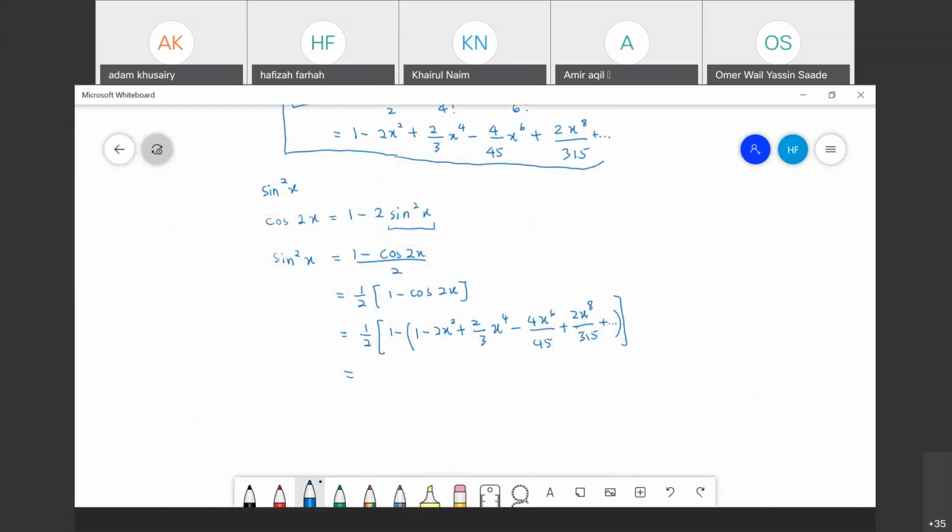So now what we have is 1 minus 1, which will be 0. So this will be 2x squared minus 2 third.